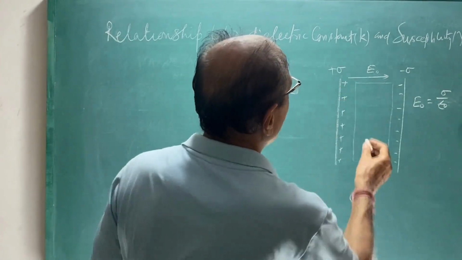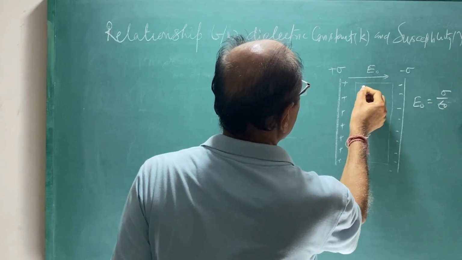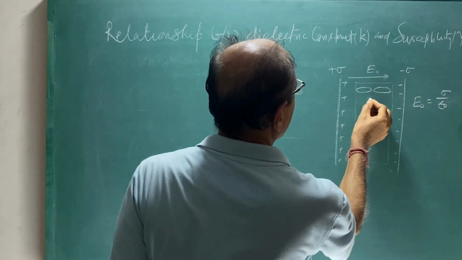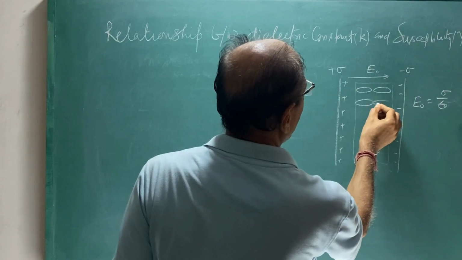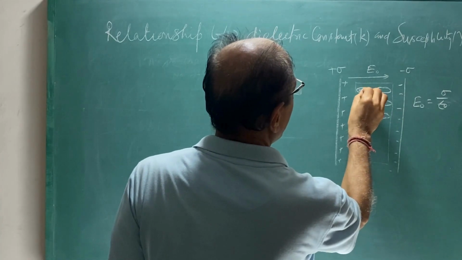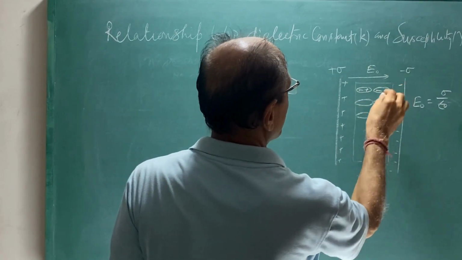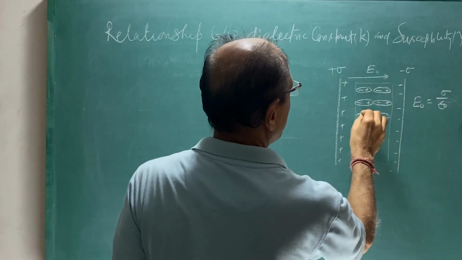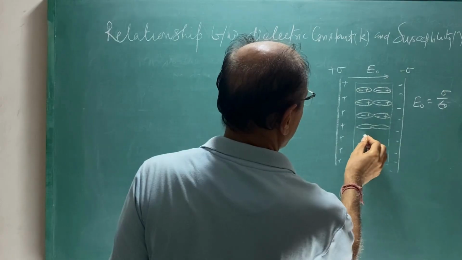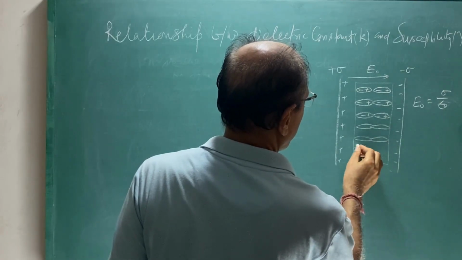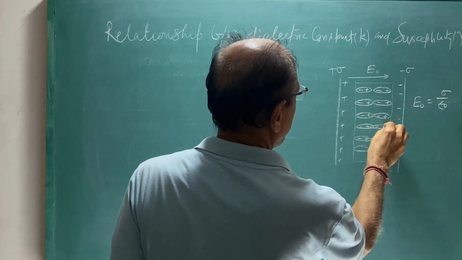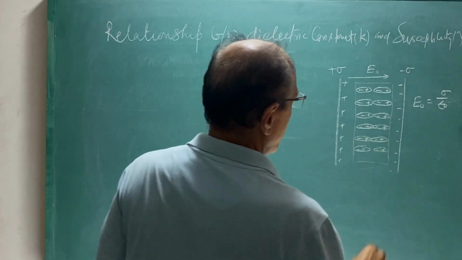This electric field will polarize the dielectric, as I told you earlier. So here will be negative, here will be positive, here negative, positive, negative, positive, and likewise, like this.